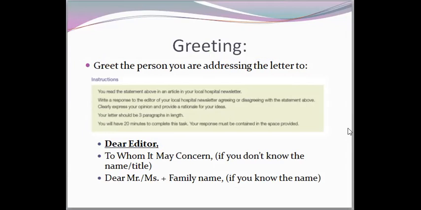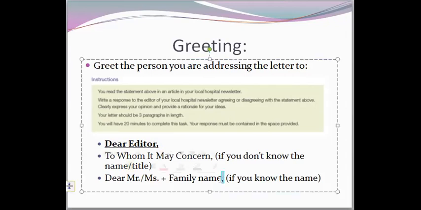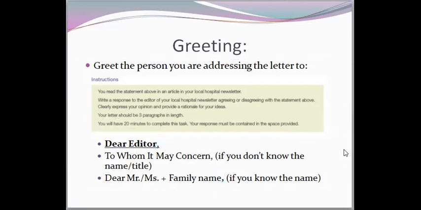If they give you Mr. or Mrs., which I haven't heard of so far from the students' feedback, of them giving you Mr. Smith or Mrs. Smith as a specific name to write to. But if they do, then you would say, dear Mr. and family name, and then comma. This comma is very important because you are being marked on punctuation as well. So make sure you have the comma there.